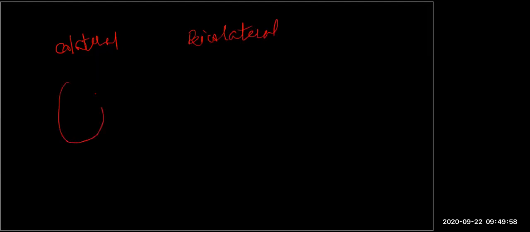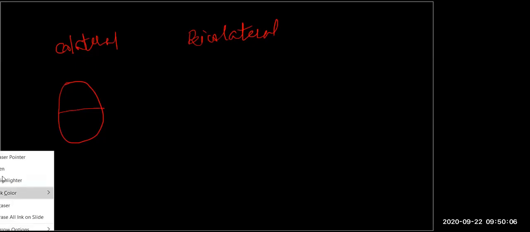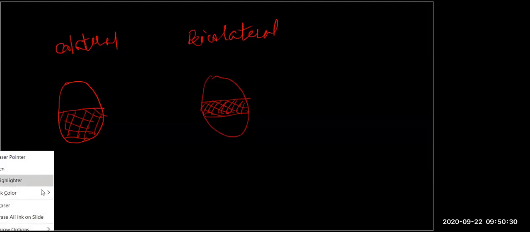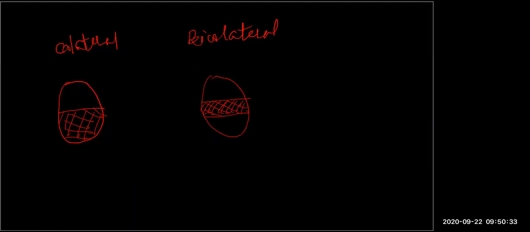When in this vascular bundle to the inner side there is xylem, so in collateral vascular bundles, to the inner side there is xylem and there is phloem only on the outer side.